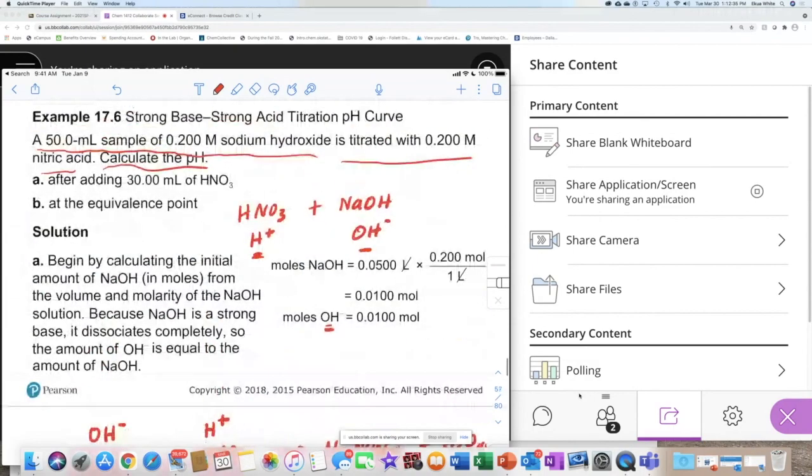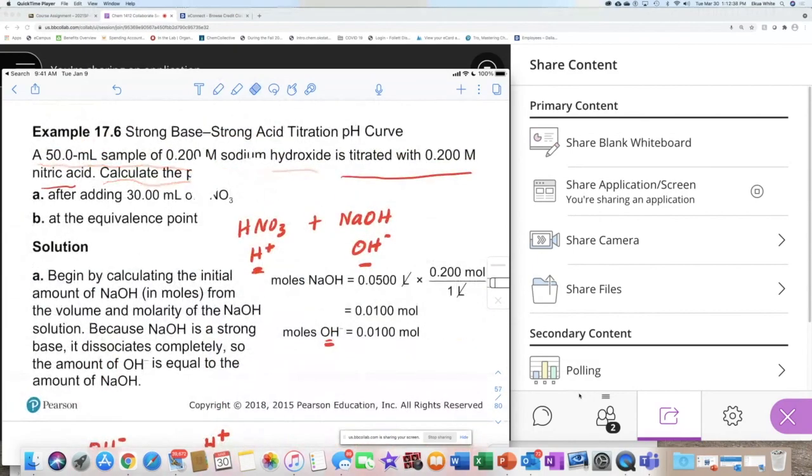Okay. Then they give us concentration. So let's see. We're given a volume of 50 milliliters, and the sample here is 0.200 molar. And here we're given a concentration of 0.200 molar nitric acid.